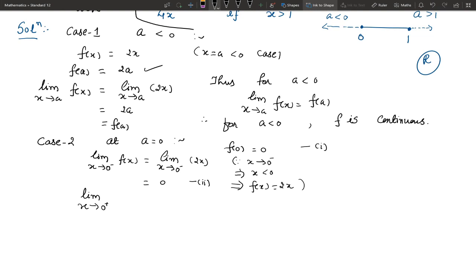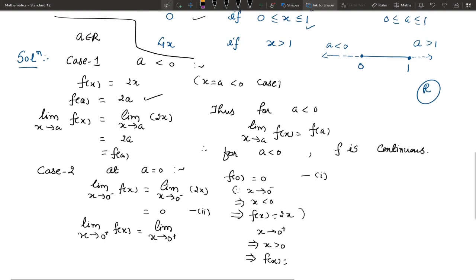Also limit x tends to 0 plus, f of x, that is the right hand limit. So x is greater than 0, in that case the value of the function is 0.